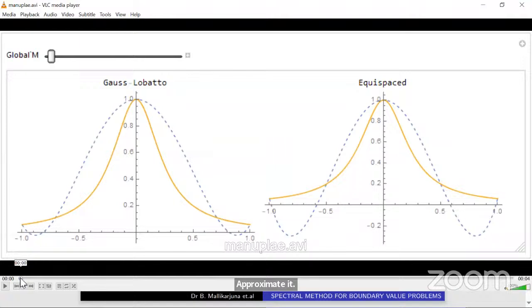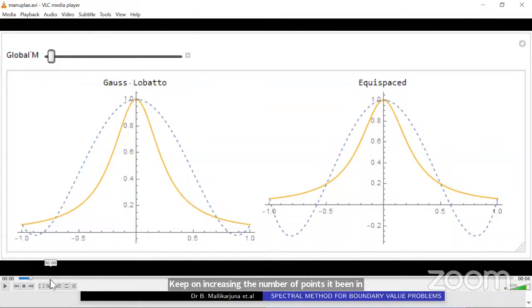You can see the right side is equispaced, the left is Gauss-Lobato. Keep on increasing the number of points between -1 and 1.